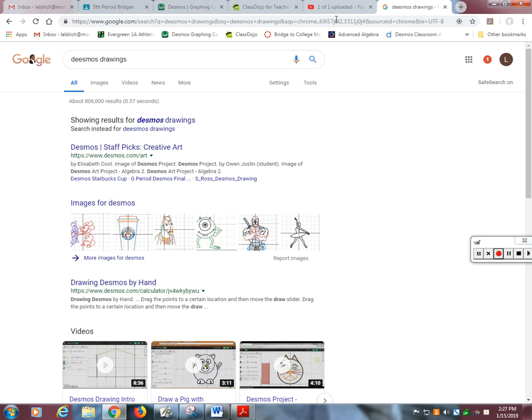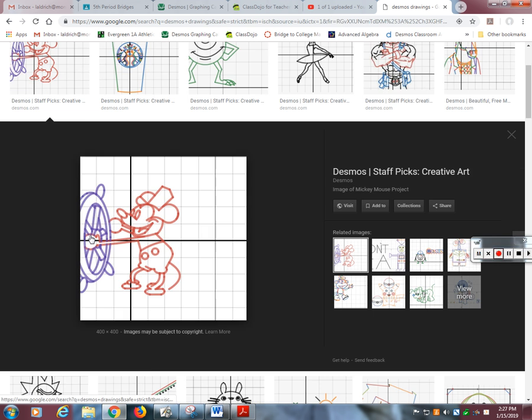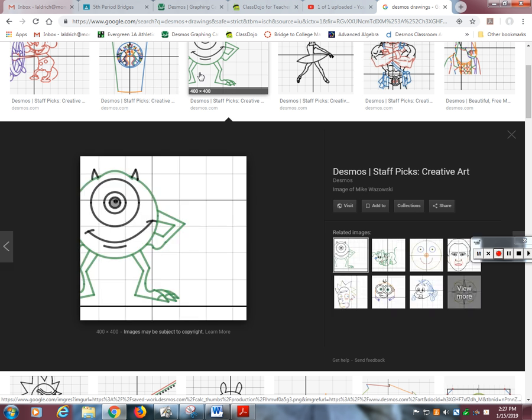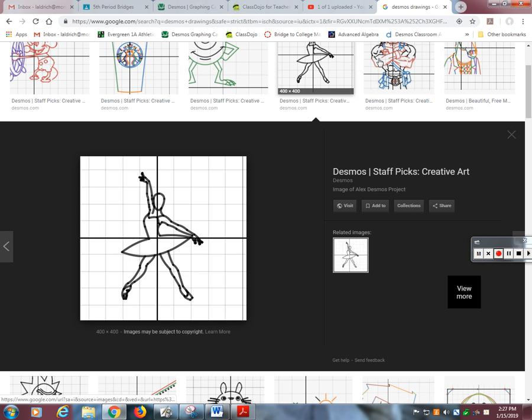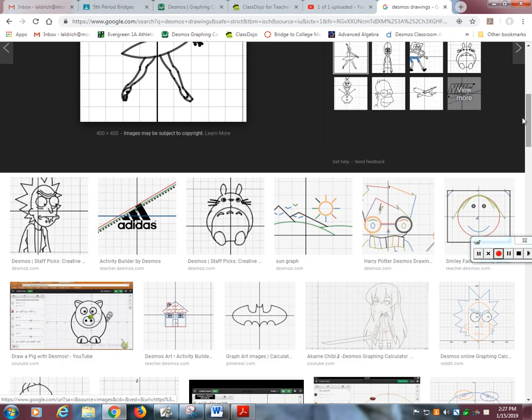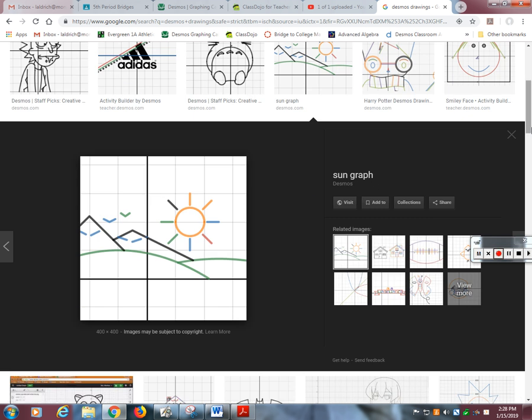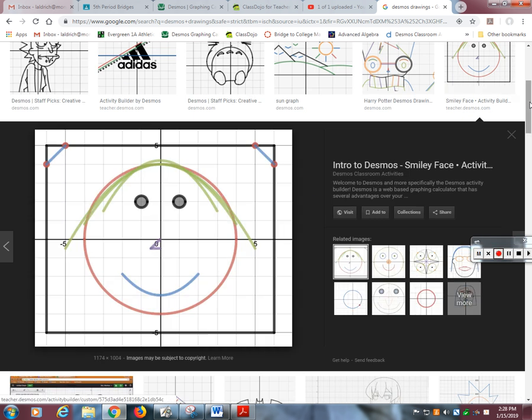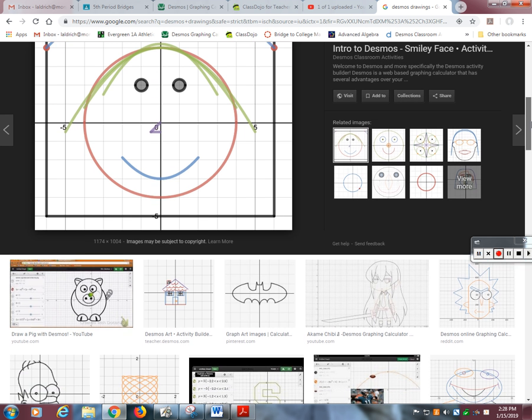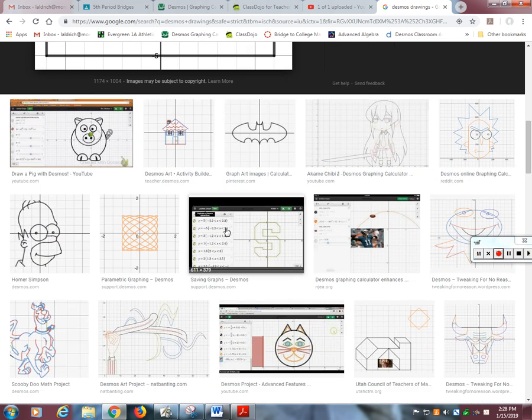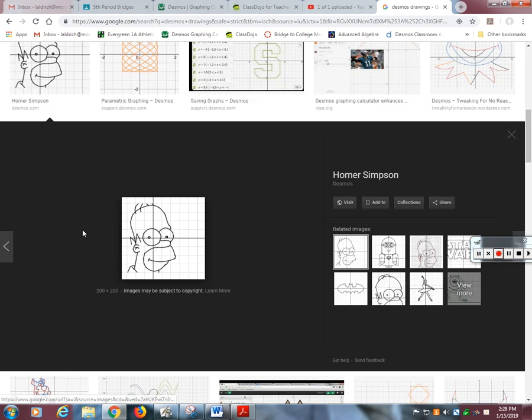People have done all kinds of crazy things using this kind of idea, taking parametric equations and being able to make different stuff.